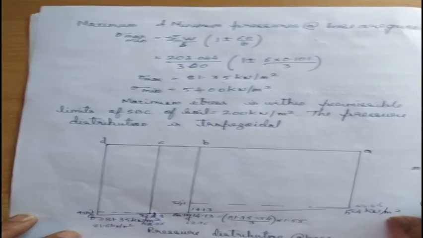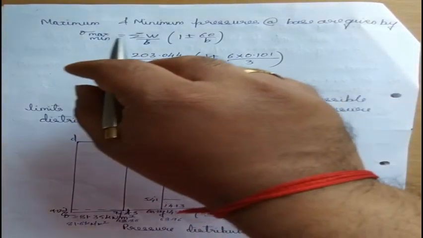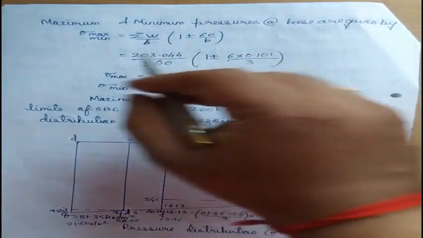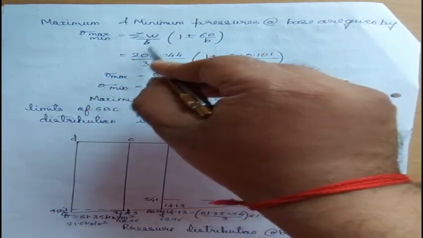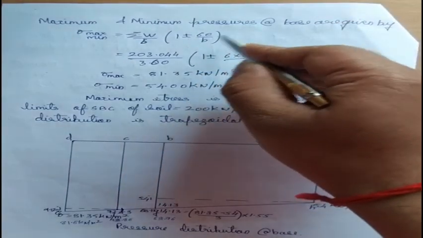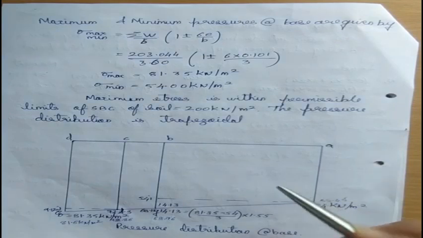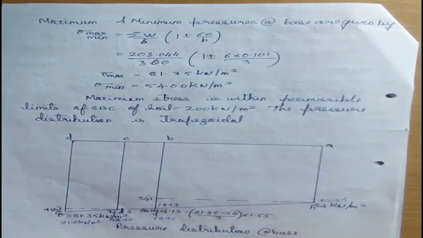Now let us compute the minimum and maximum pressure. So minimum and maximum pressure at the base are given by sigma is equal to summation of W divided by B into 1 plus or minus 6E by B, where E is the eccentricity, B is the base of slab, okay. W is the summation of forces.